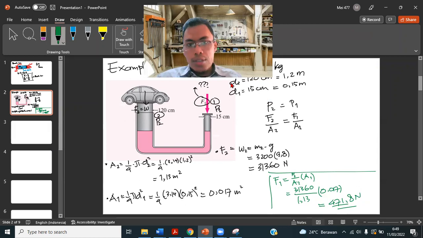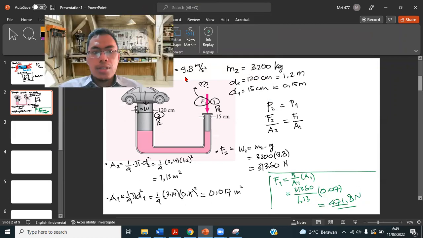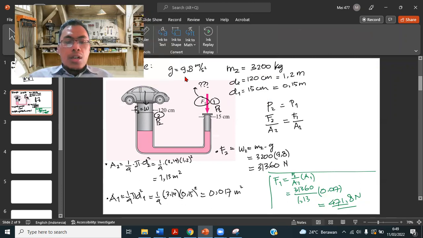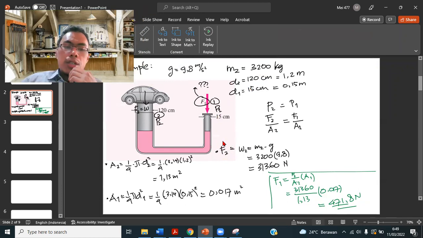So what can we get from this calculation? Let's take a look at F2. We tried to find the total weight of this system, so the weight of the car and the piston, and the value of the weight is 31,360 Newton.